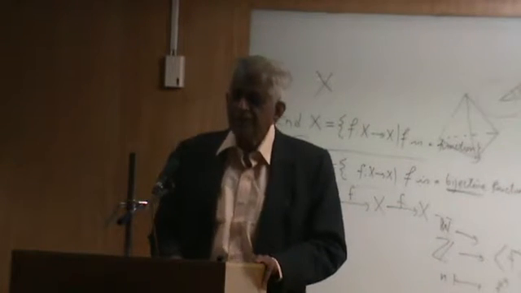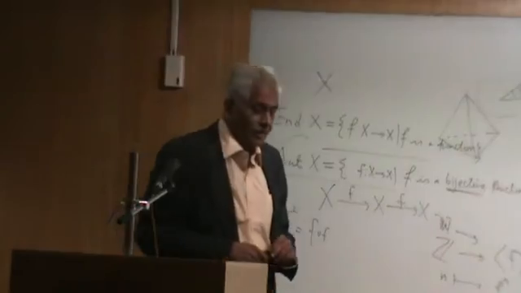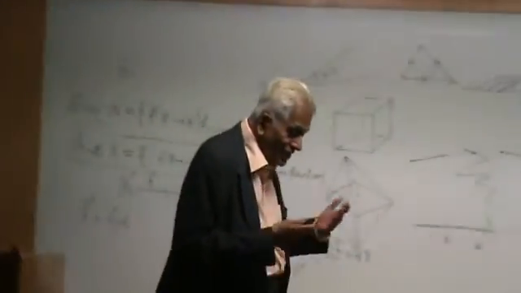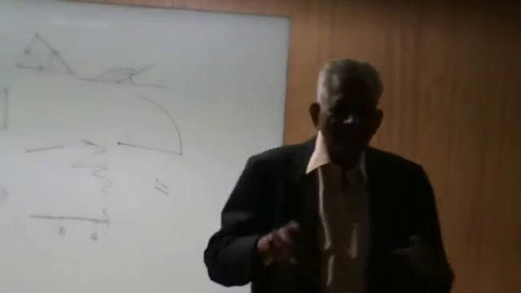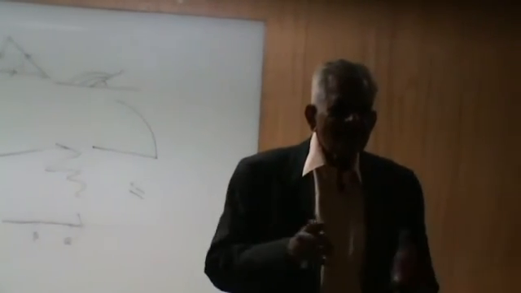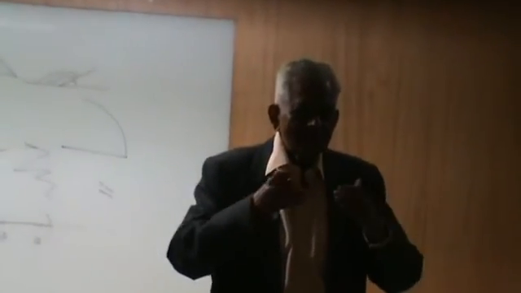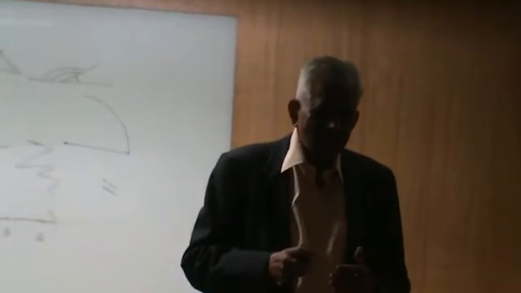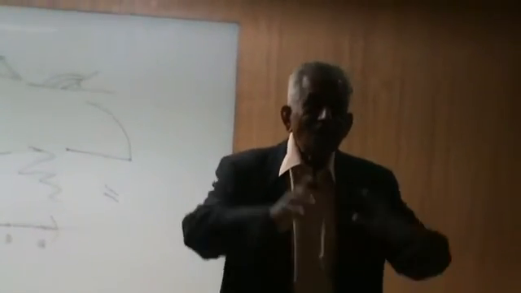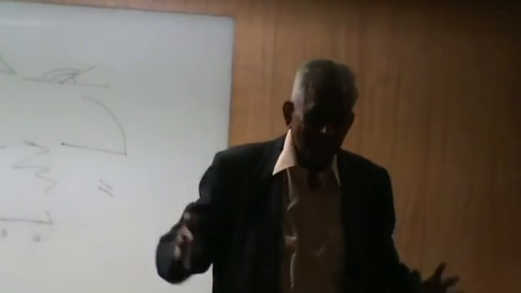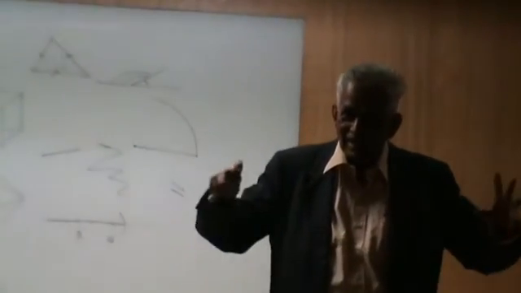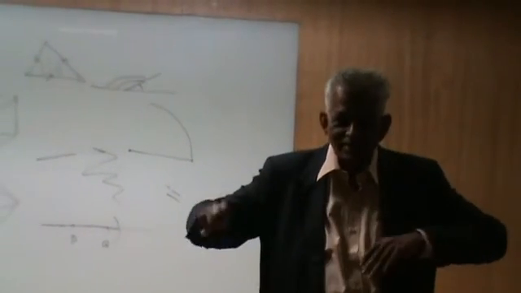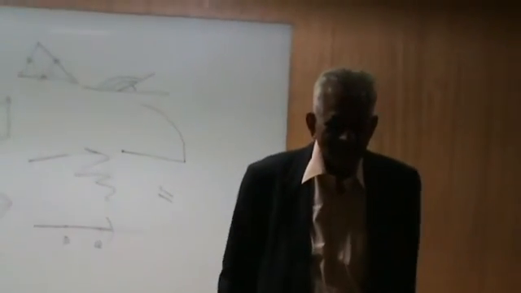So mathematics now consists of sets, structures on sets, and mappings between sets equipped with structures. This is how we have formulated the whole of mathematics. Sets, structures on sets, and mappings between sets with structures.